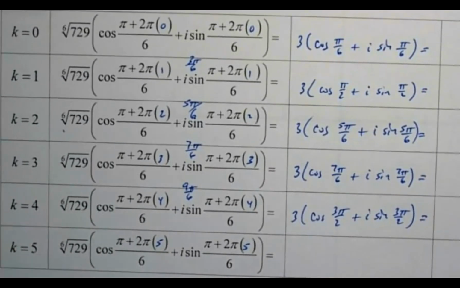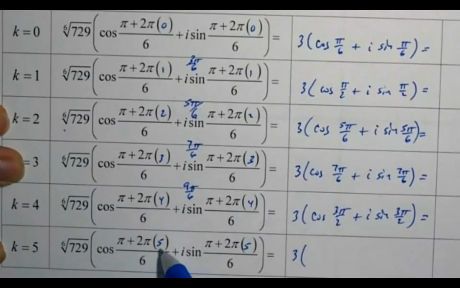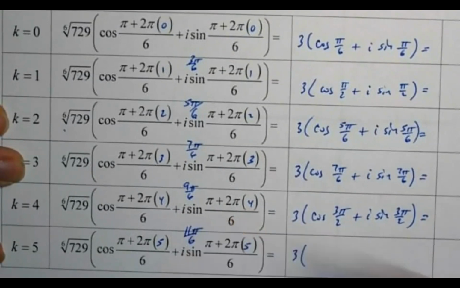And when k equals 5, the sixth root of 729 is 3. 2 times 5 is 10. 10 plus 1 is 11. This is 11 pi over 6. So cosine 11 pi over 6 plus i sine 11 pi over 6.